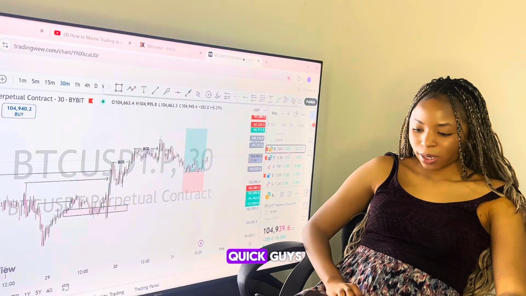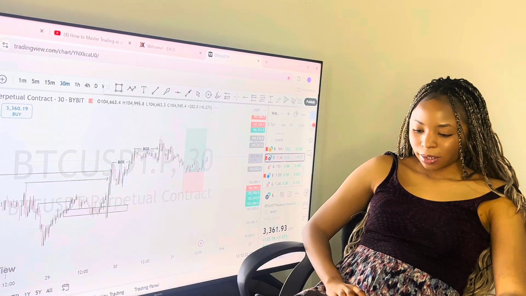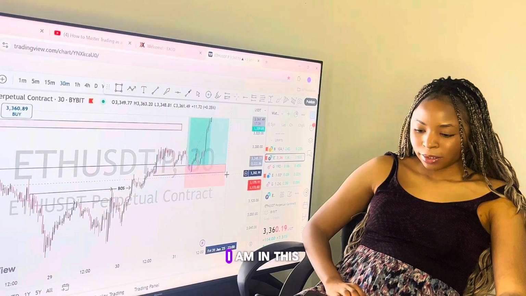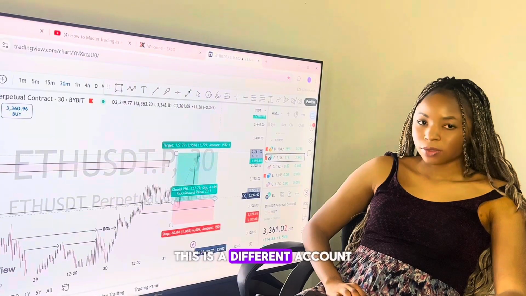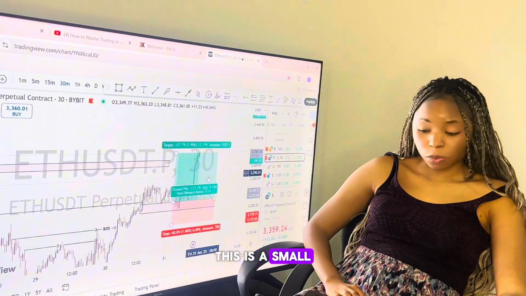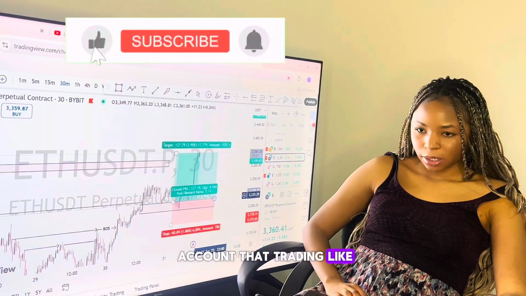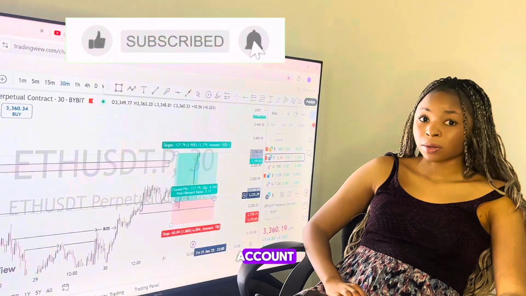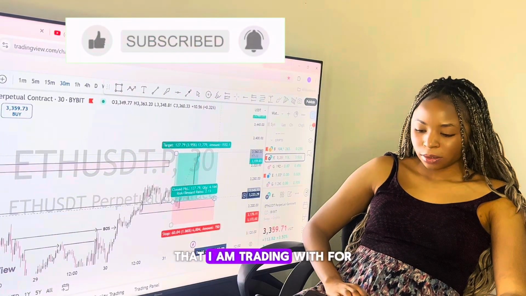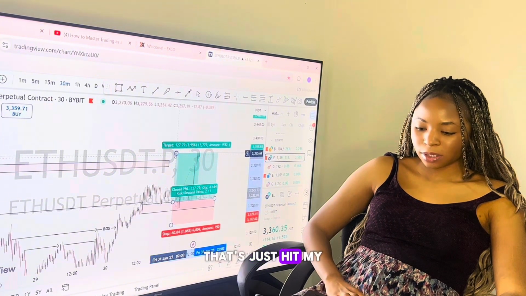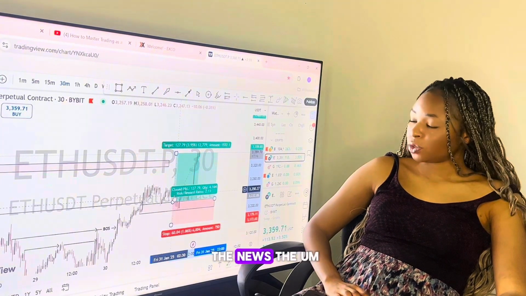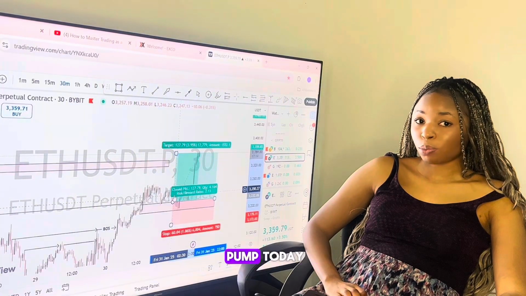So real quick, guys, I am in this trade, but this is a different account. This is a small account that I'm trading, a less than $100 account. For this Ethereum that just hit my TP, I got from the news that Ethereum is going to pump today.